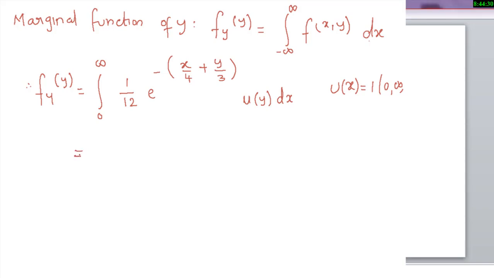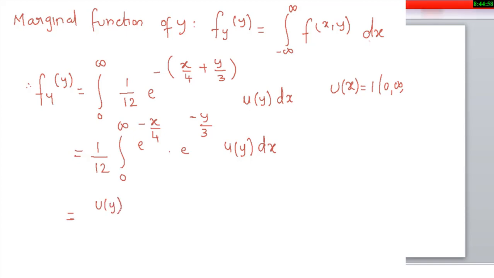Let me split the values and take the constant outside, 1 by 12 outside. Integration 0 to infinity e power minus x by 4 into e power minus y by 3 u of y into dx. What terms are constant when we are integrating with respect to dx? So u of y is a constant term that will come outside. At the same time, e power minus y by 3 is a constant term, it will come outside, divided by 12.